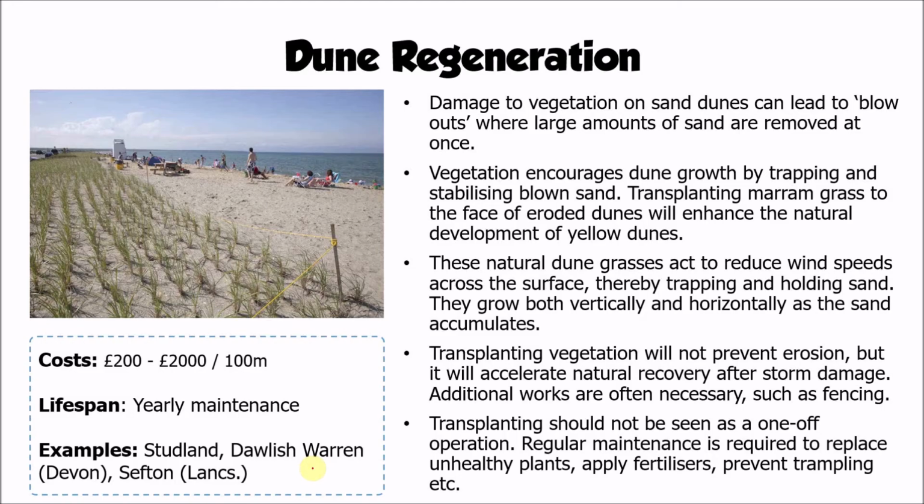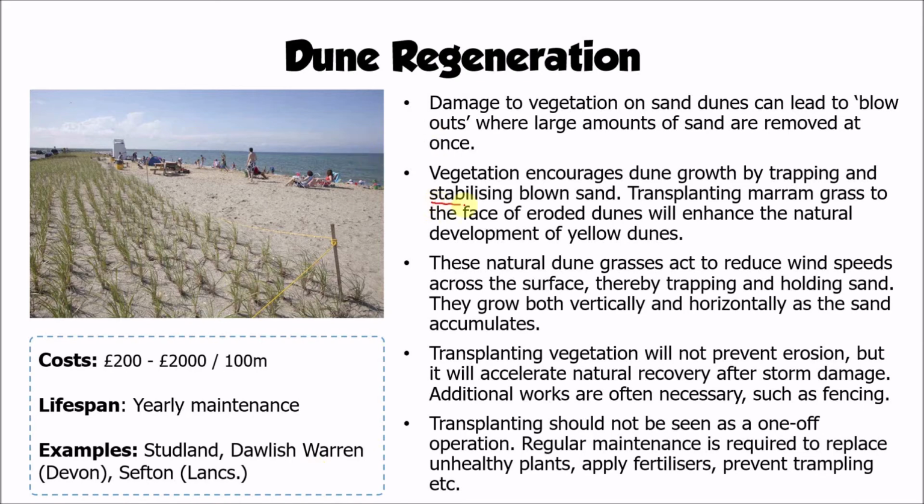Another good example of soft engineering is dune regeneration, and this involves planting vegetation in sand dunes to encourage that vegetation to grow, and as it grows it's going to trap sand and stabilise the dunes.